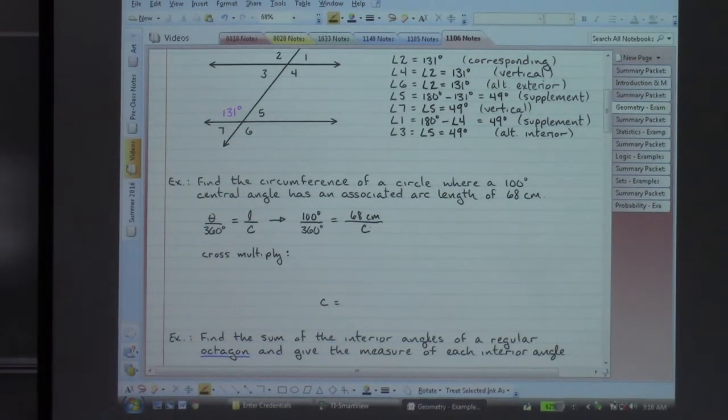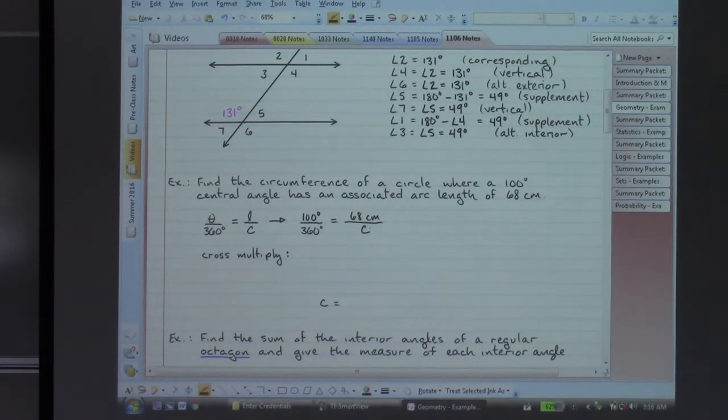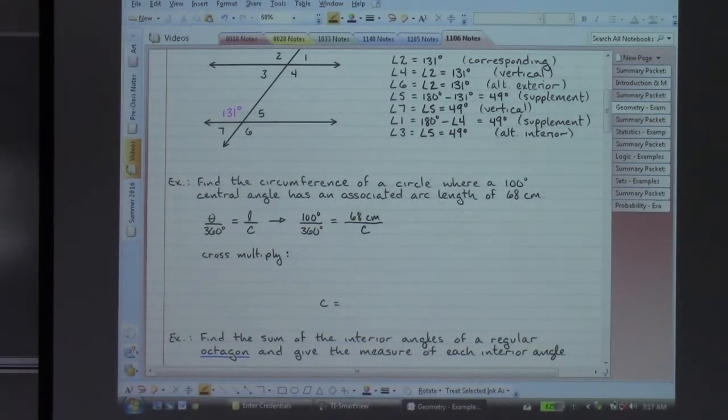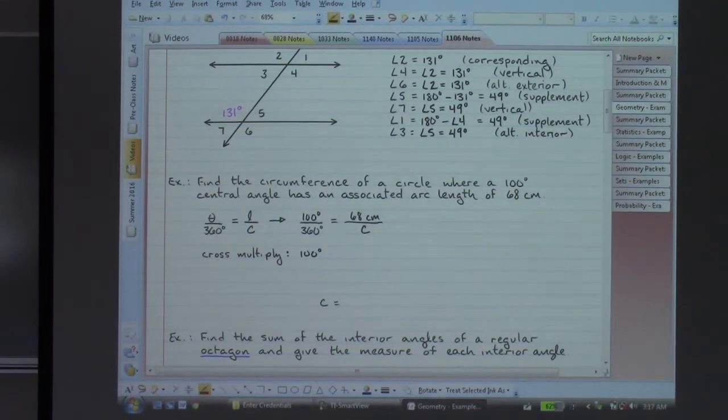Notice that I'm leaving off reading those units. I'm leaving off reading the degrees and the centimeters, but I am going to put those into my written work to keep track of what is going on and to make sure that I don't lose track of anything along the way.